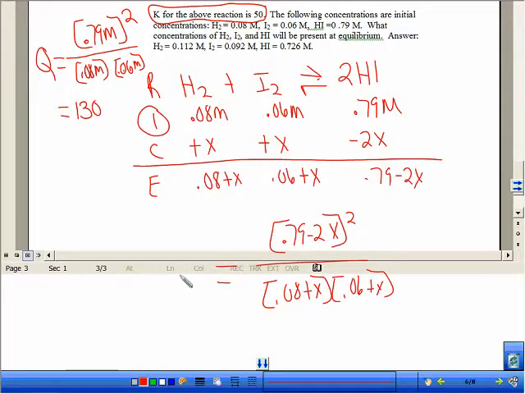We're going to set that equal to our K, which is 50. And then you're going to solve using the solver. Once you find x, you're going to plug that value into these to find your answers.